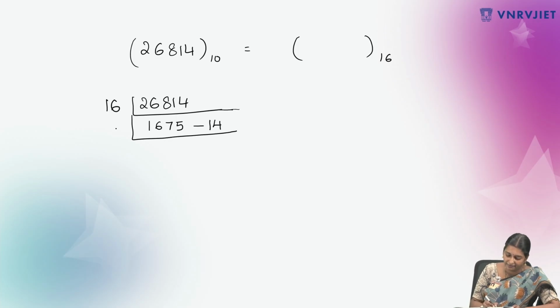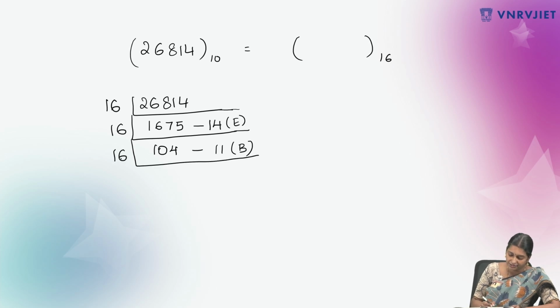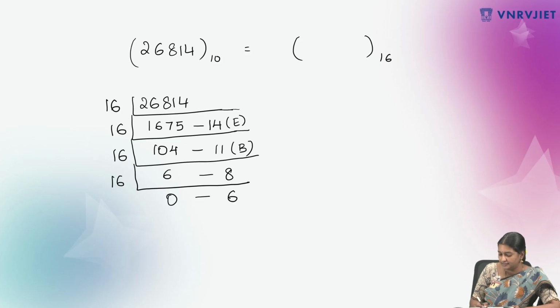14 means it will be E. So write it as E, and then again divide 1675 by 16, which gives 104, and we get the remainder as 11. 11 means it is B. Then 104 divided by 16 is 6 with a remainder 8. We can stop here, or else simply divide 6 by 16, giving 0 and a remainder 6.